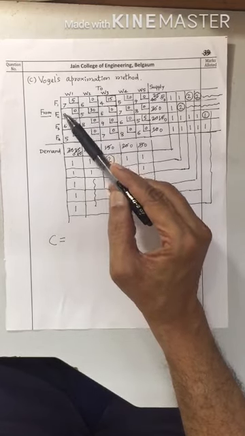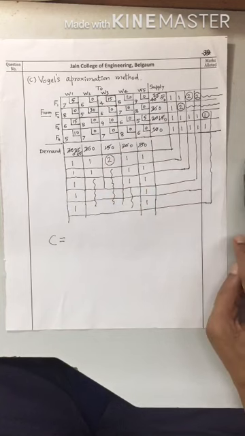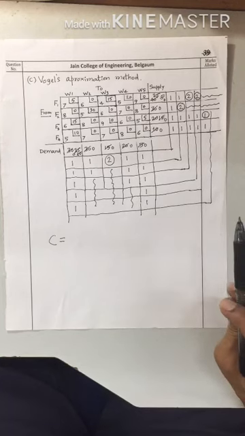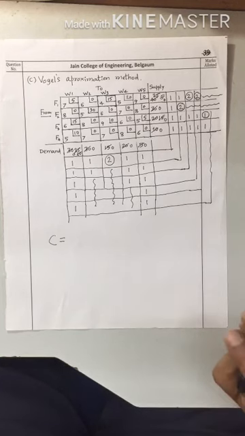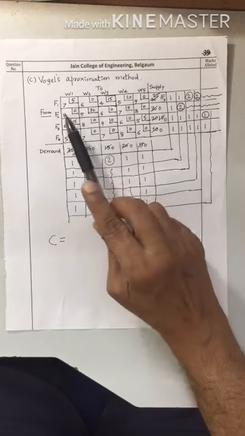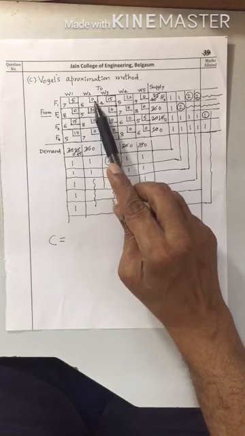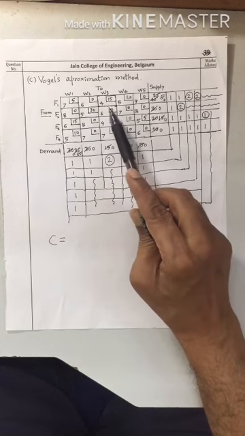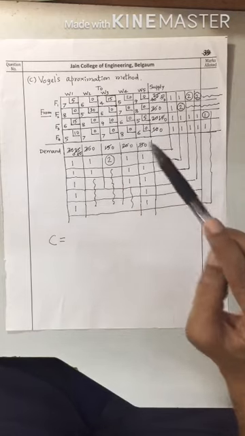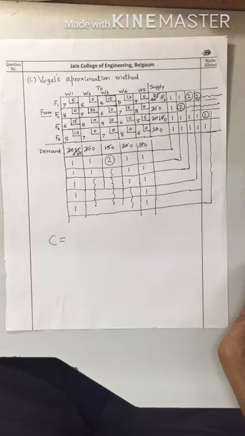Any cell whose Xij value is greater than 0, I call that cell a basic cell. Any cell whose Xij value is 0, I call that cell a non-basic cell. Accordingly, this cell F1W2 is non-basic, this is basic, this is basic, this is non-basic. So this will help us to go further.